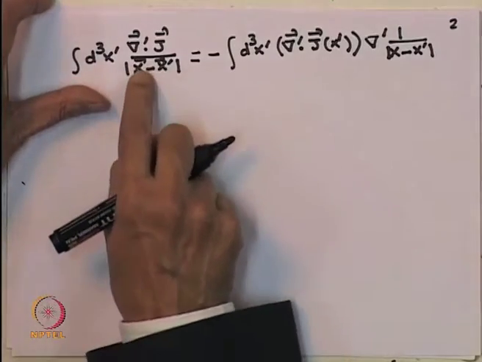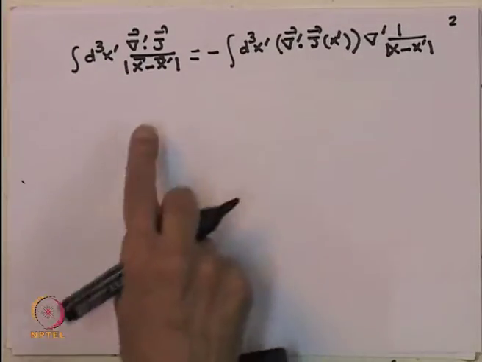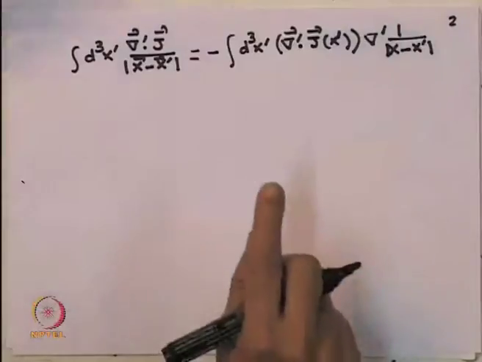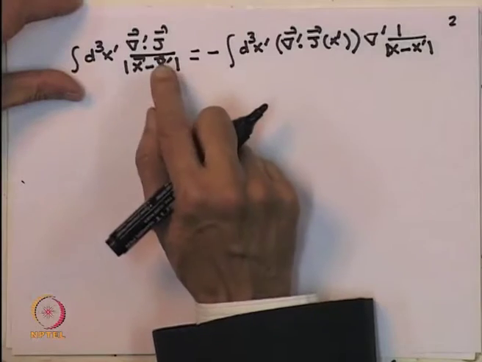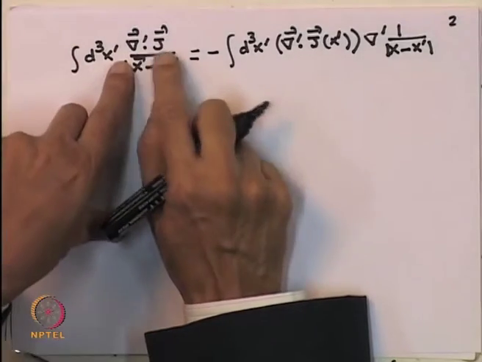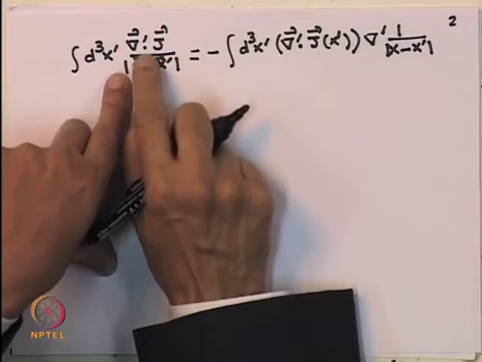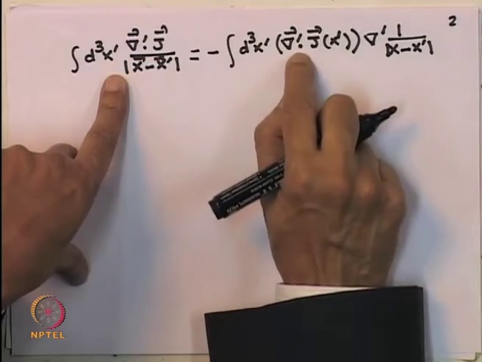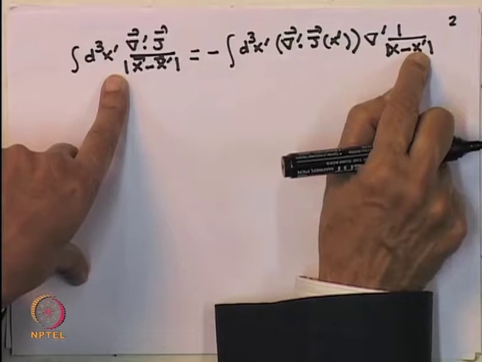And the other factor is what I had there, that is this quantity that I have written down. And when I get the gradient of this whole quantity, it is gradient of del prime dot j by x minus x prime minus this quantity.